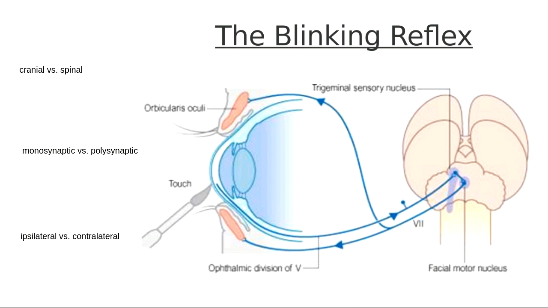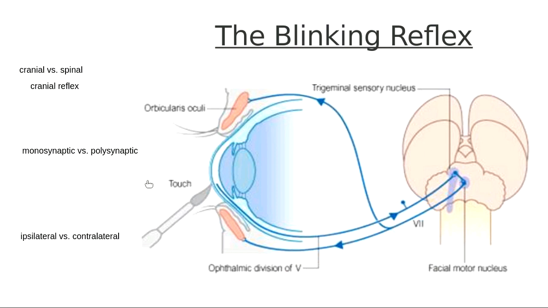This is an example of a cranial reflex. In particular, the part of the brainstem we're in is actually the pons. I wouldn't require you to identify that this is the pons, but I would require you to identify that this is not the spinal cord. That's all we got to know. This is a cranial reflex because what's happening is not happening inside the spinal cord.